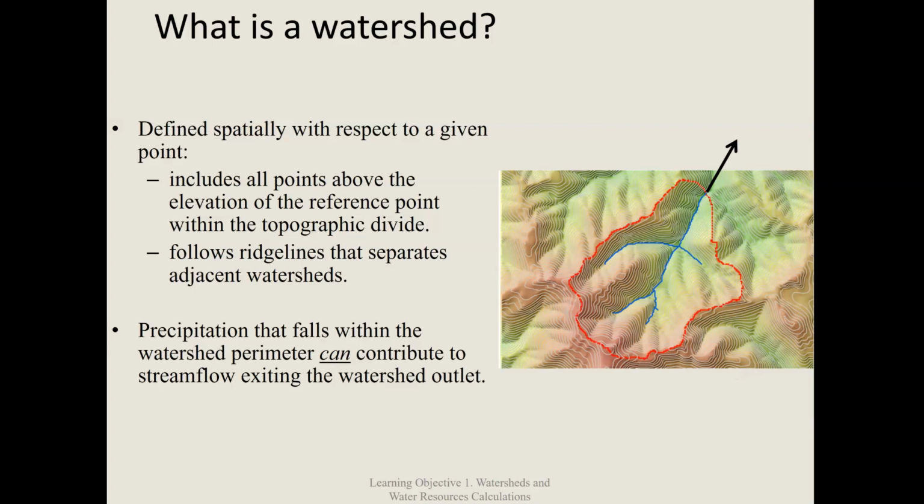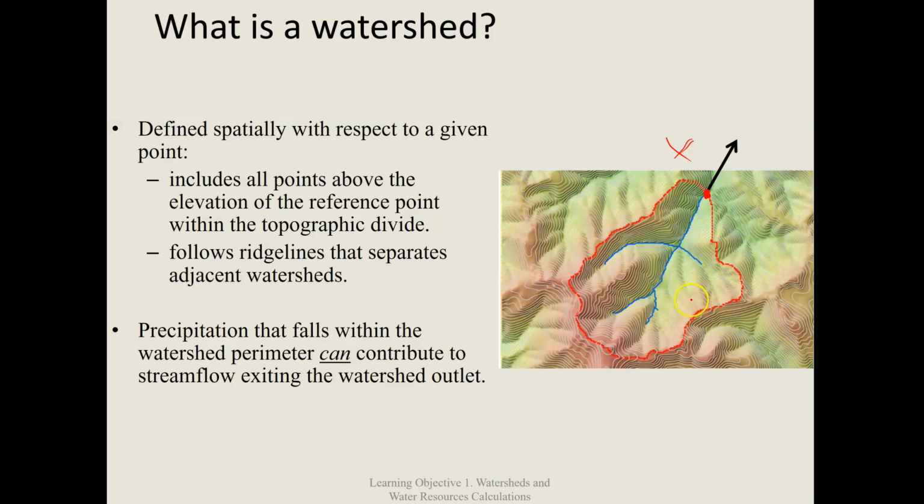So the first thing that you really have to know if you want to define a watershed is what is the point of interest that you care about. For example, in this diagram on this slide, the outlet of this watershed is right here, where I'm putting the red dot. And you can see some red lines going up along the topographic divide around that stream network, the blue lines on the map, defining the watershed area.